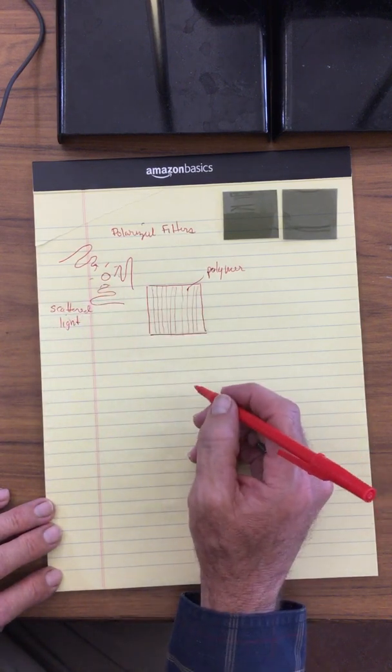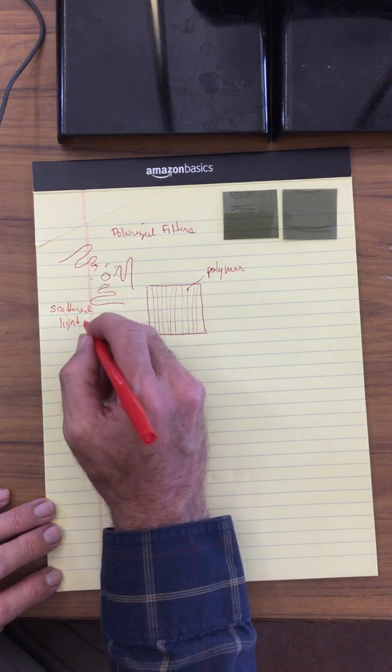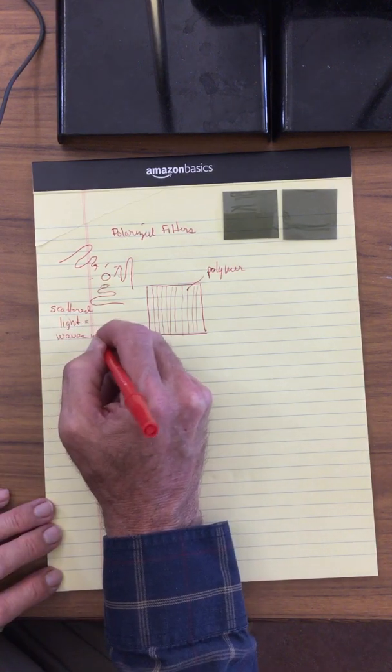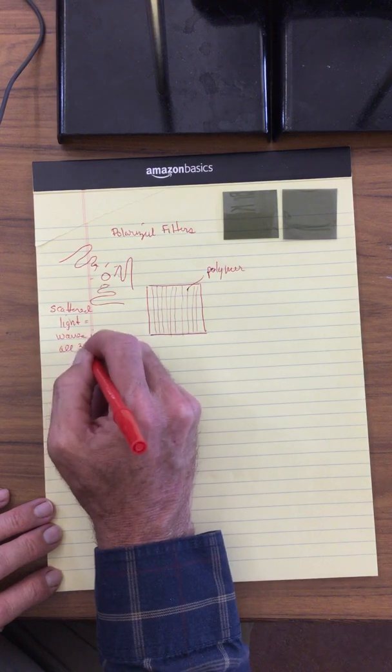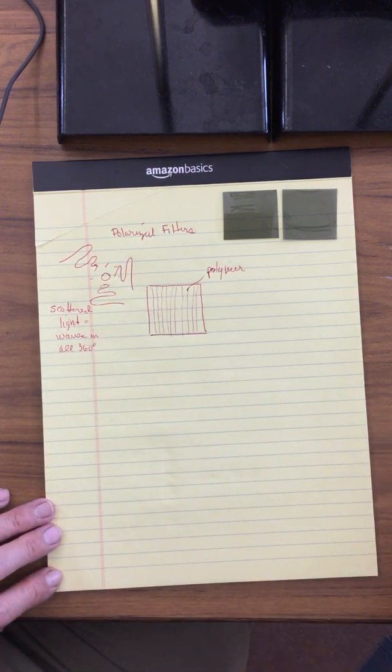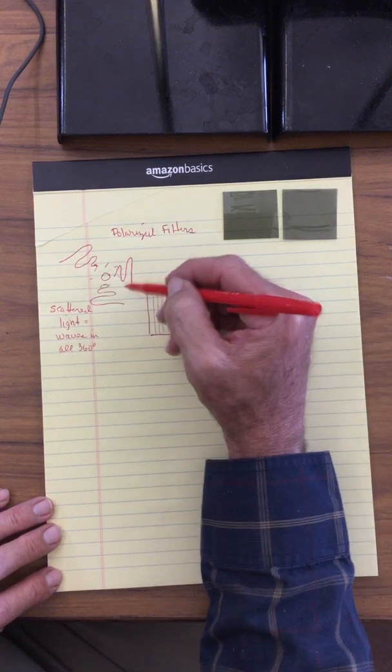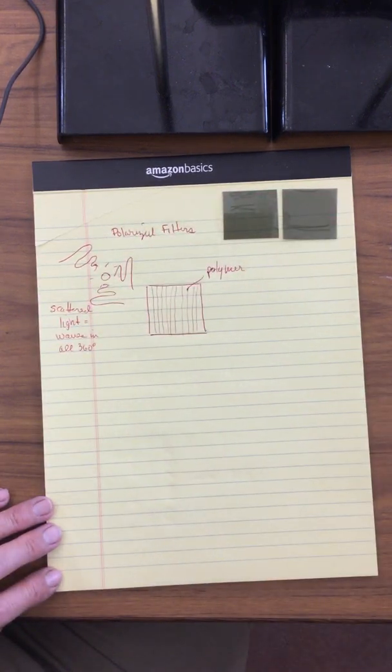And this scattered light is composed of waves in all 360 degrees. Okay, in every which direction, up and down, left and right, angles in every different direction.